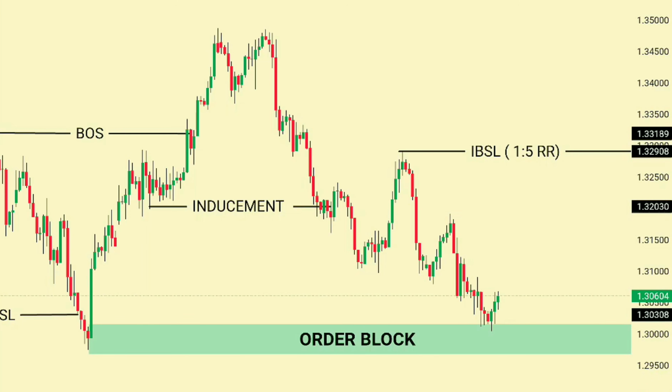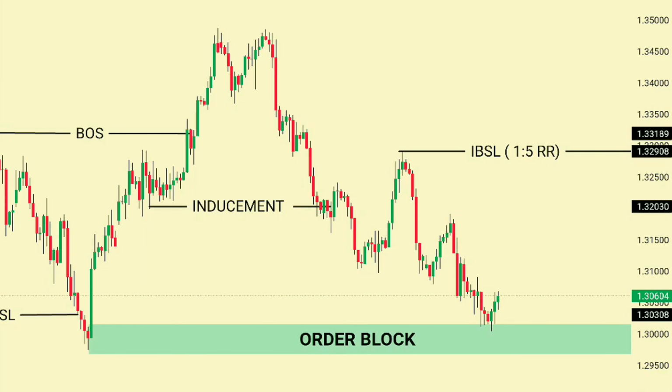Once I identified that liquidity pool, my trade plan became very straightforward. I only needed price to move from the order block into the internal liquidity target. By focusing on a high probability target, rather than a distant one, I was able to secure a strong risk-to-reward opportunity without relying on the market to make an extended move.